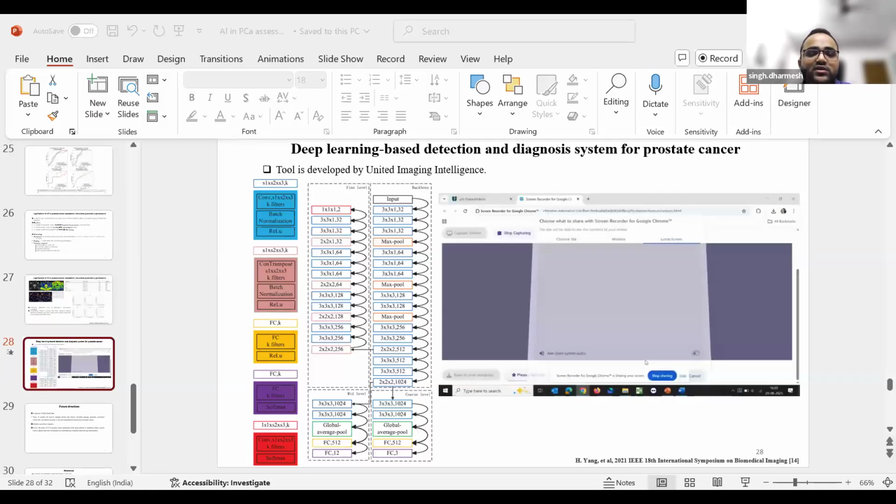So this is the front end of our tool, in which all the cases are there. We have around 50 plus tools for CT, like coronary, pulmonary nodules, lung nodules, pneumonia detection, and all.